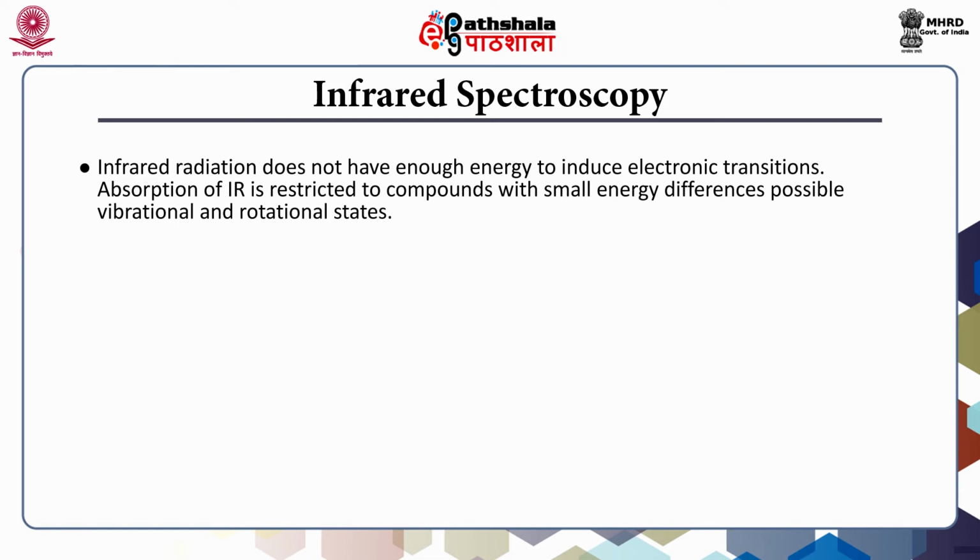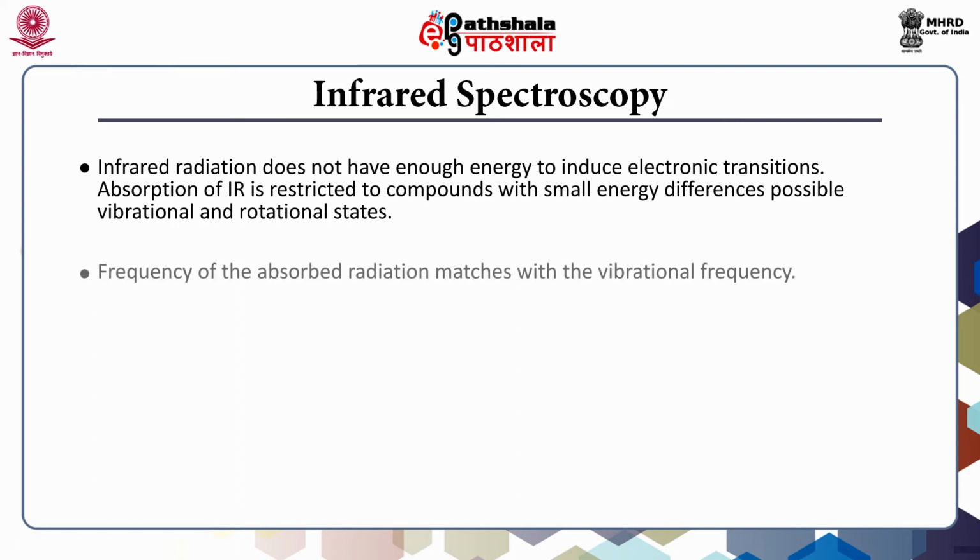The alternating electric field of the radiation interacts with fluctuations in the dipole moment of the molecule. If the frequency of radiation matches the vibrational frequency of the molecule, then radiation will be absorbed, causing a change in the amplitude of molecular vibration.